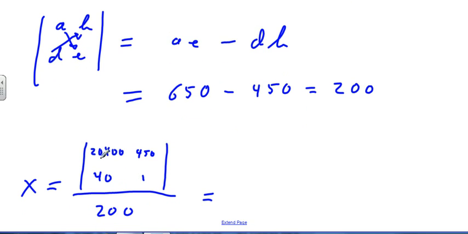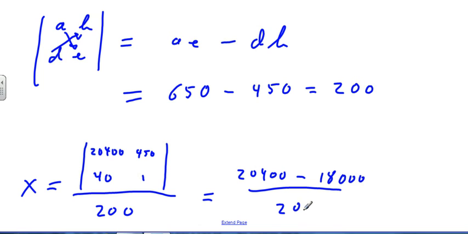Okay, so I'm going to have 2400 minus 40 times 450. So 40 times 450, and I have 18,000 on top, divided by 200.